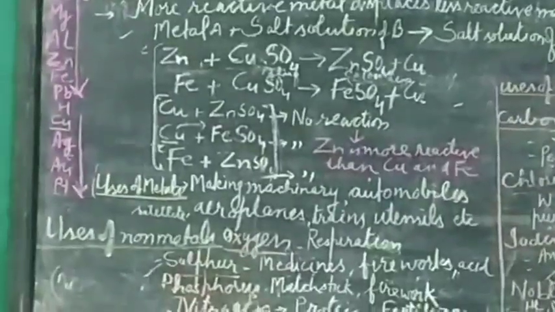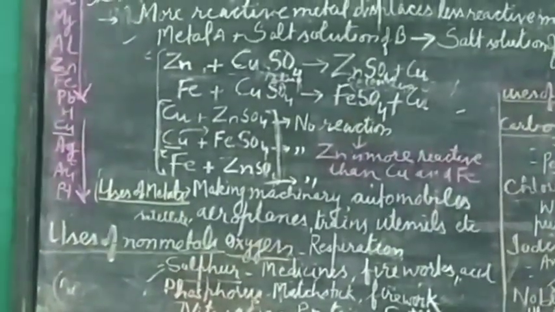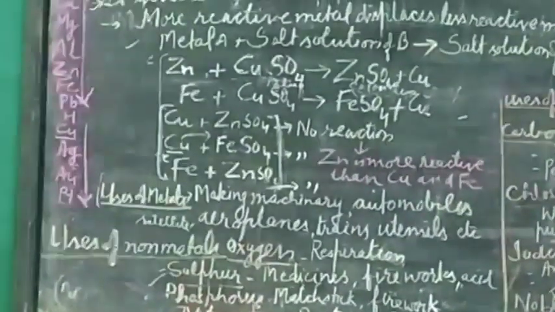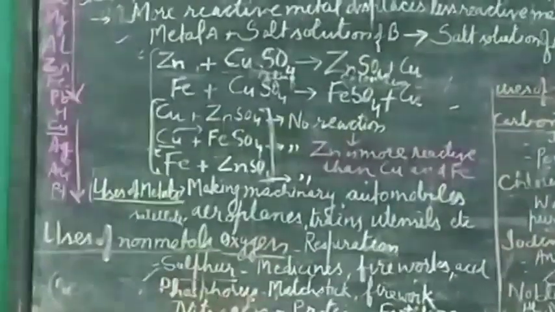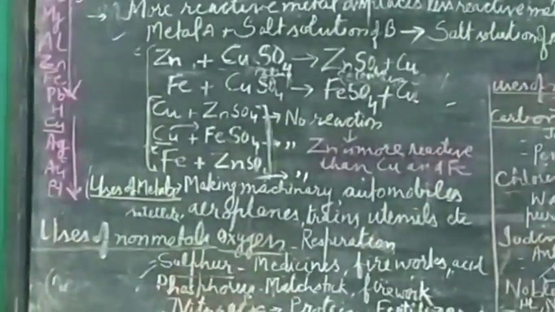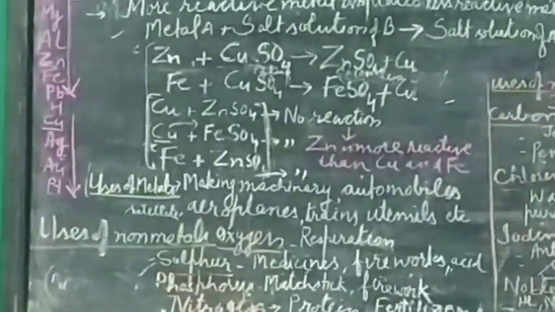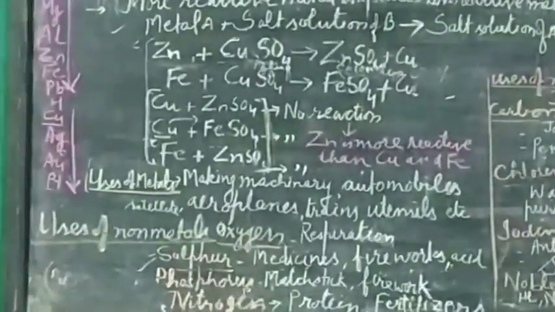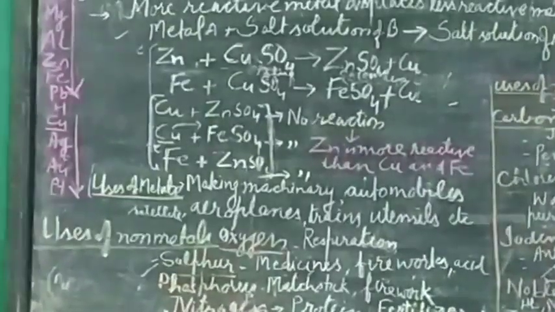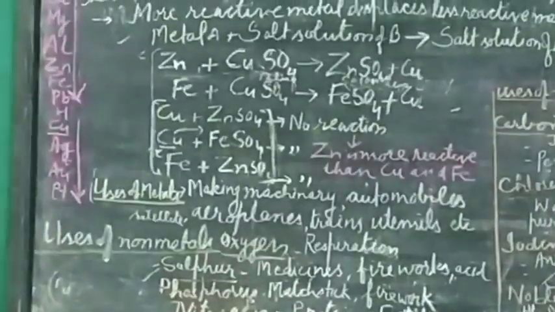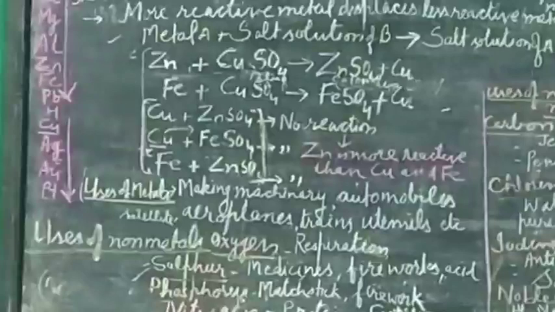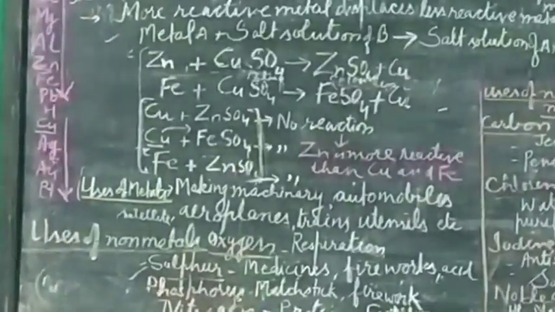You are very familiar with aluminium foil. It is very light and is used to pack food and medicine. Next example, titanium and zirconium are used in atomic energy and space research. Very important point. And zirconium is used in the preparation of bulletproof alloy of steel.